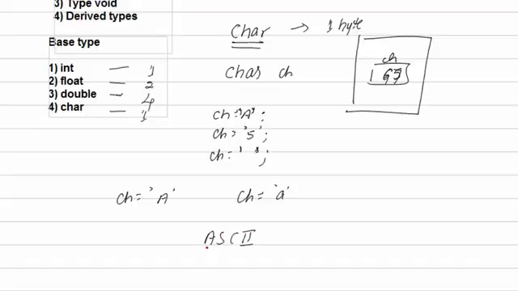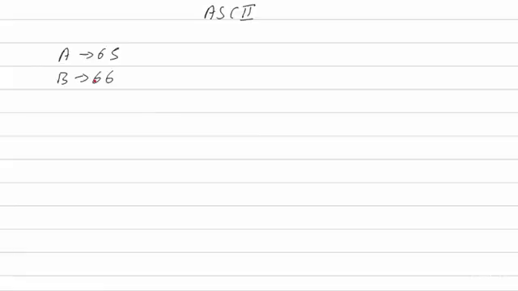ASCII stands for American Standard Code for Information Interchange. So every character of the keyboard has a code. It may be any character. If you take uppercase alphabet A, it has a code of 65. B has 66.